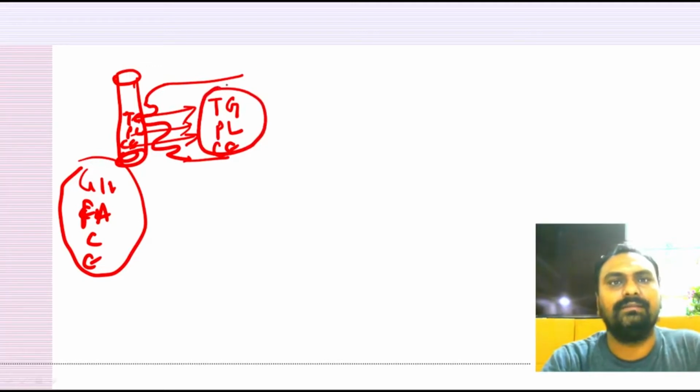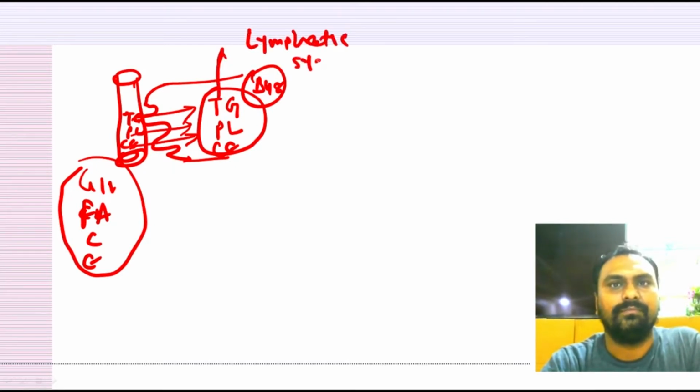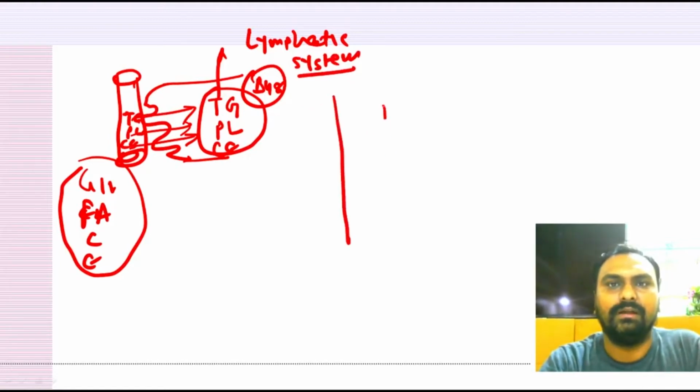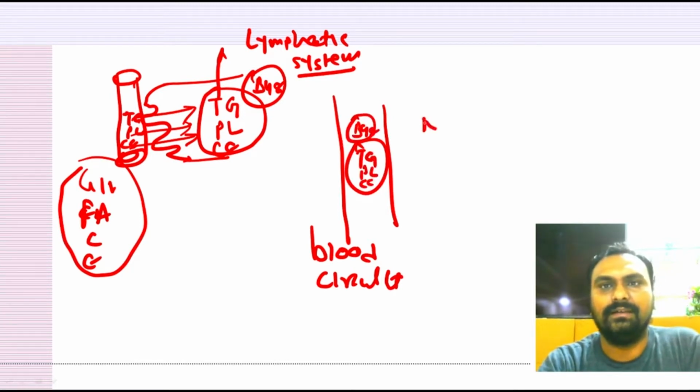These lipids, along with ApoB48, are taken up by our lymphatic system, and through the thoracic duct they ultimately come into the blood circulation. This is our blood circulation, which contains triglyceride, phospholipid, cholesterol ester and B48. This is called a nascent chylomicron.